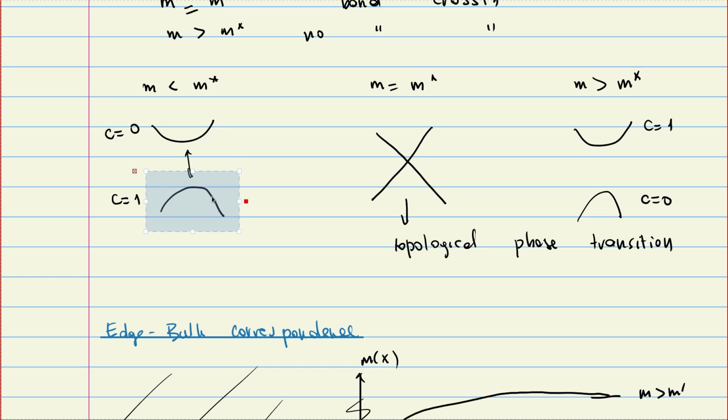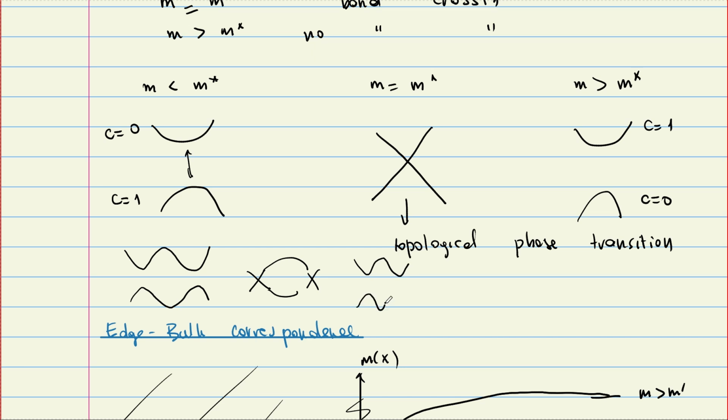If you look, for example, at the SSH model, it is not working like that. In the SSH model, if you go back and check, you have this, and you have this. They close the gap here, and then you have this again. So from a conventional point of view, there is no way to distinguish this phase from this phase. Nobody other than a topologist can distinguish these two.